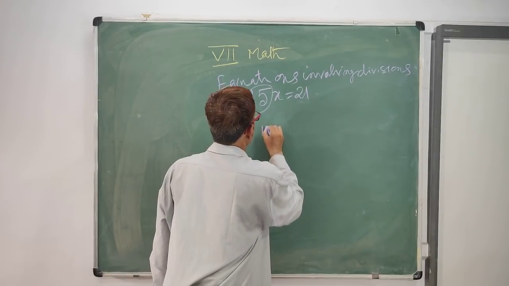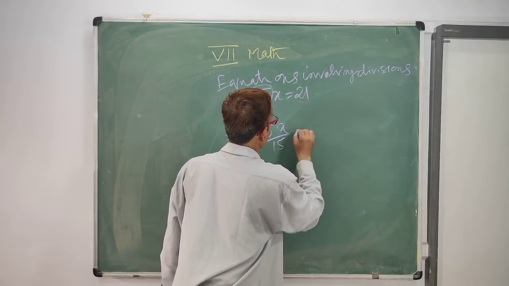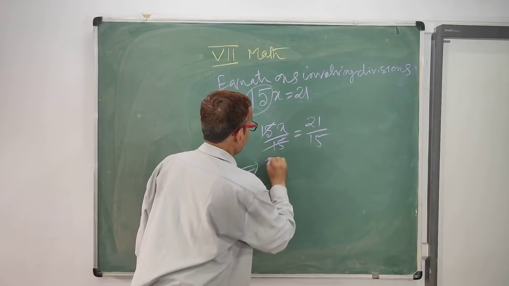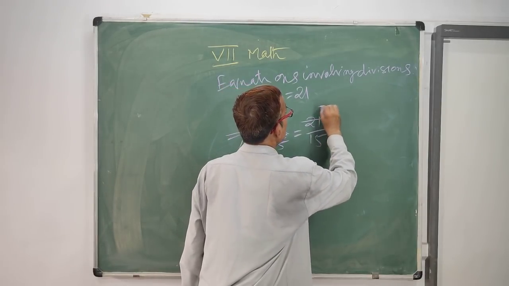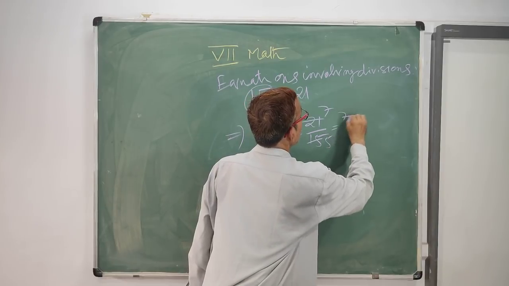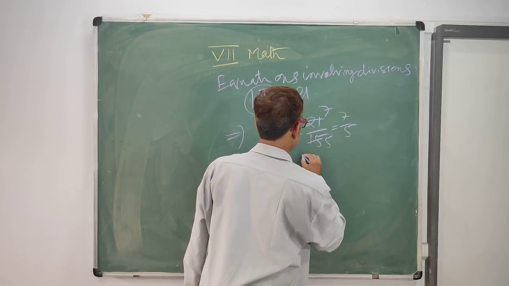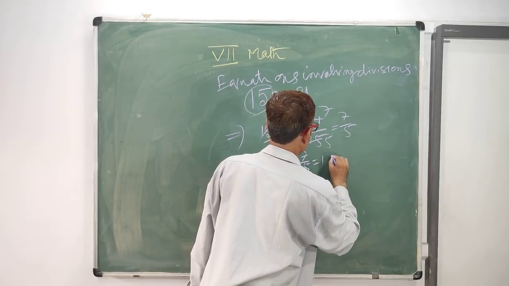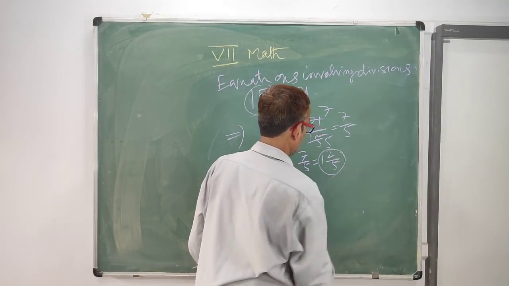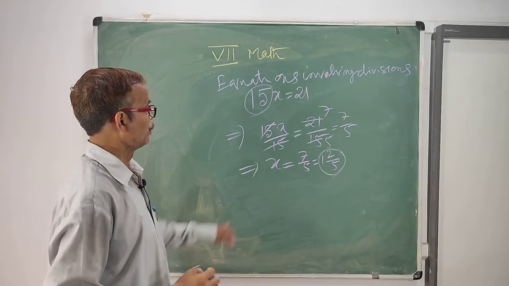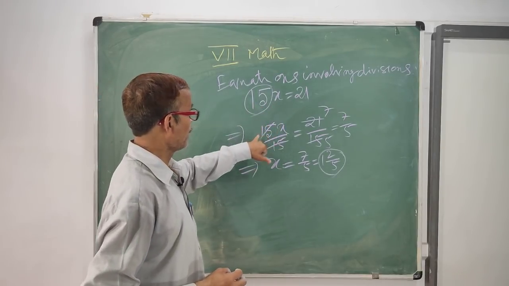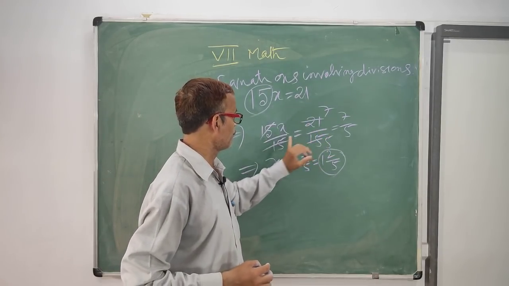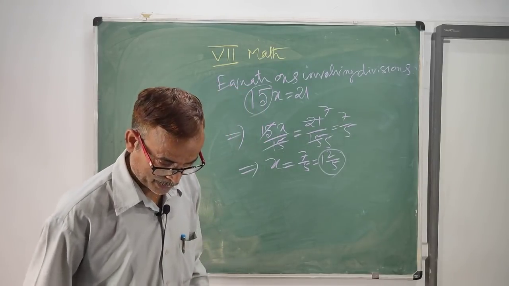When you divide the left hand side by 15, then you will get x alone. This is equal to 1 whole 2 by 5, which is the solution of this equation. So here we have divided the left hand side by 15, so we divide the right hand side also by 15, then you will get the answer.